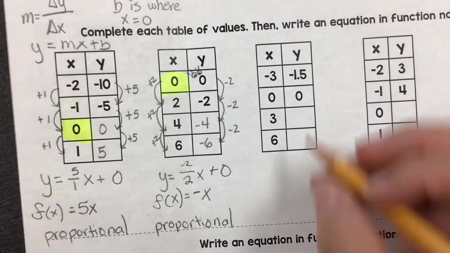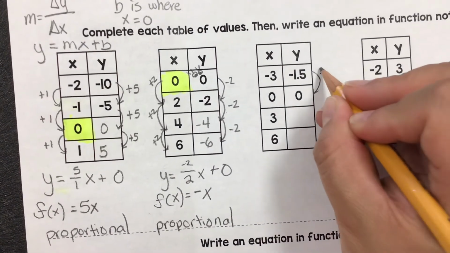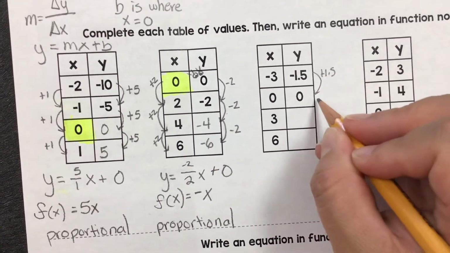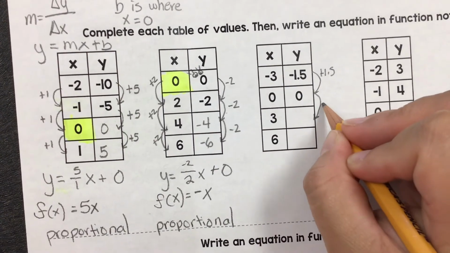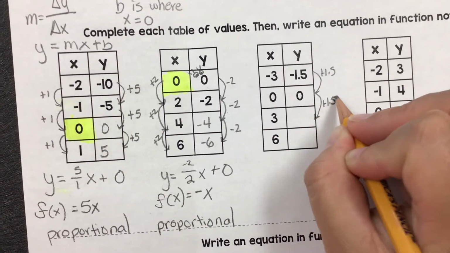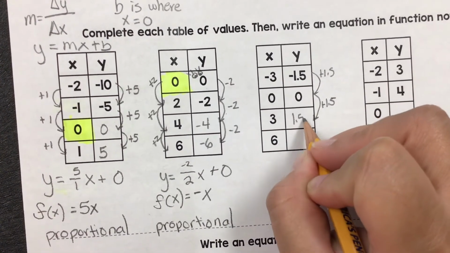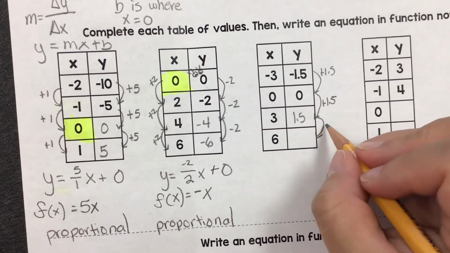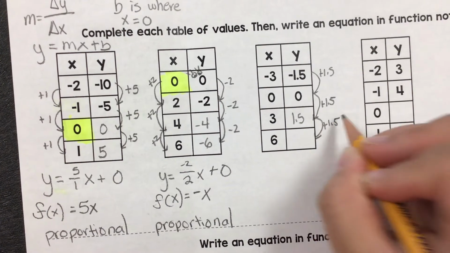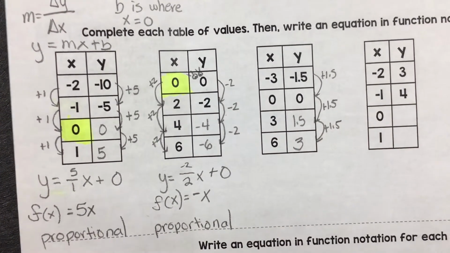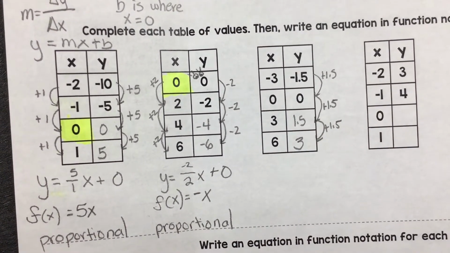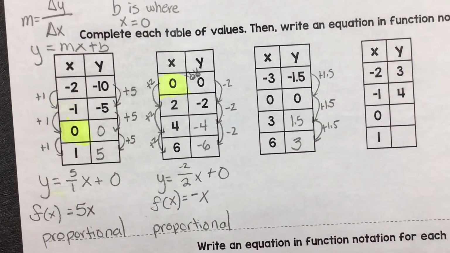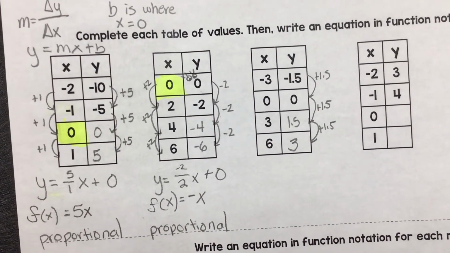All right, so from here to here, we had to add 1.5. So we're going to add 1.5, giving us a positive 1.5. And then from here to here, we're going to add 1.5 again, giving you 3. Completing the table was one of our tasks.